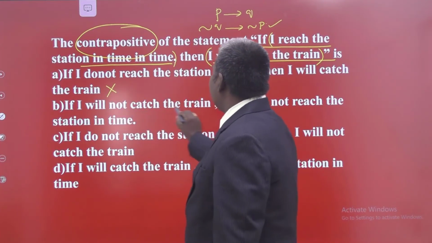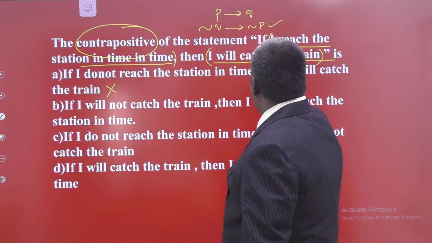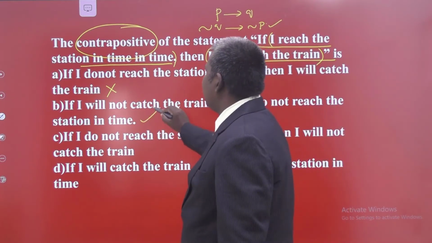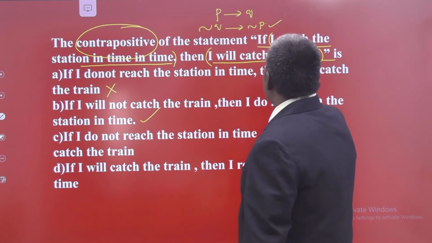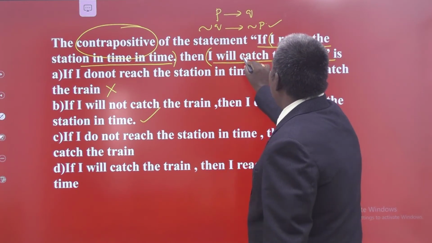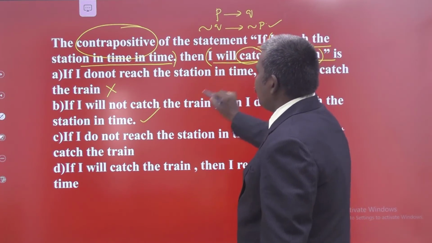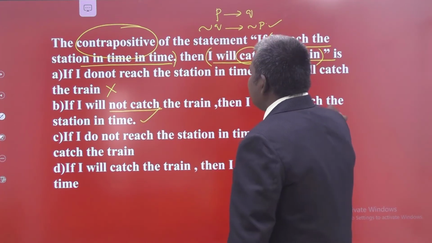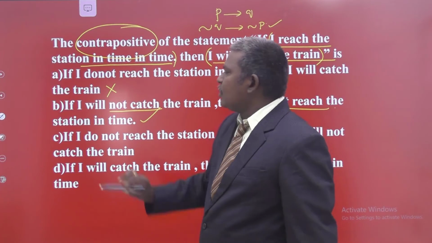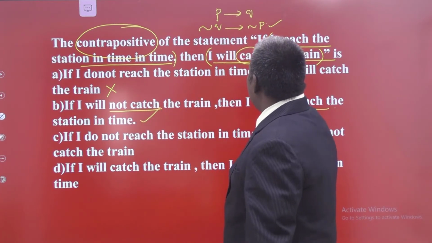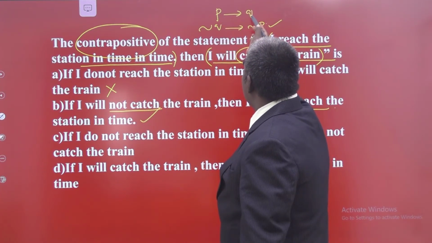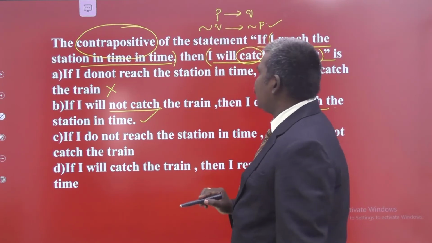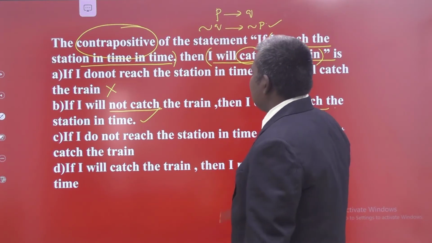If I will not catch the train, then I do not reach the station in time. So, nots are applied. Q will be here and we have to take the negation of that one: negation of Q implies negation of P.